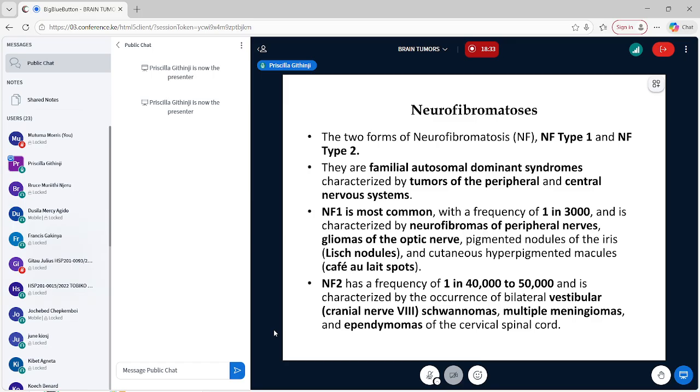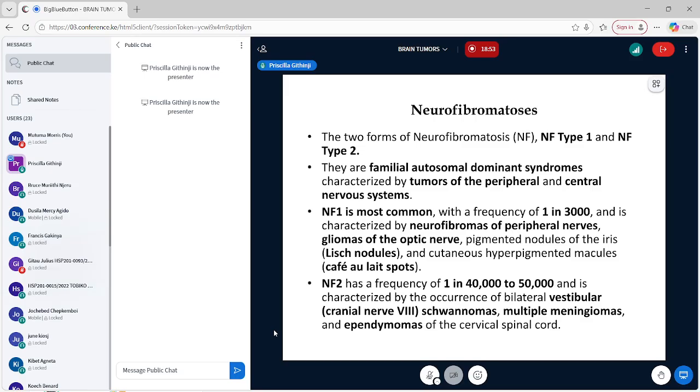Of course, with your neurofibromatosis, these are familial autosomal dominant syndromes, and these ones are going to predispose you to vestibular or cranial nerve 8 schwannomas. They can give you multiple meningiomas. They can also give you ependymomas of the spinal cord.